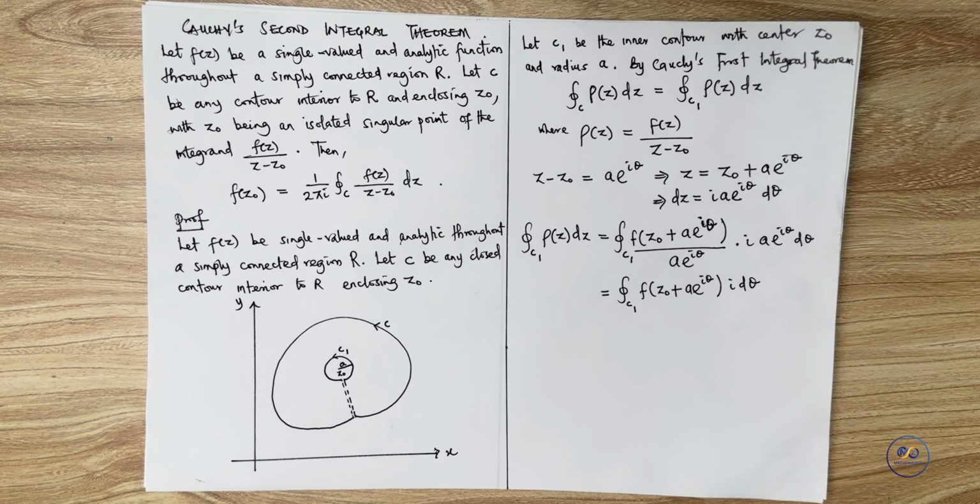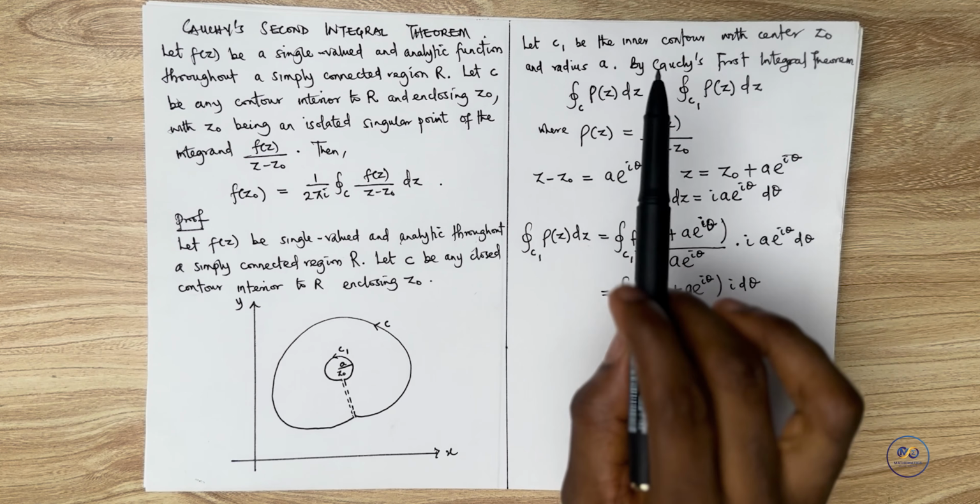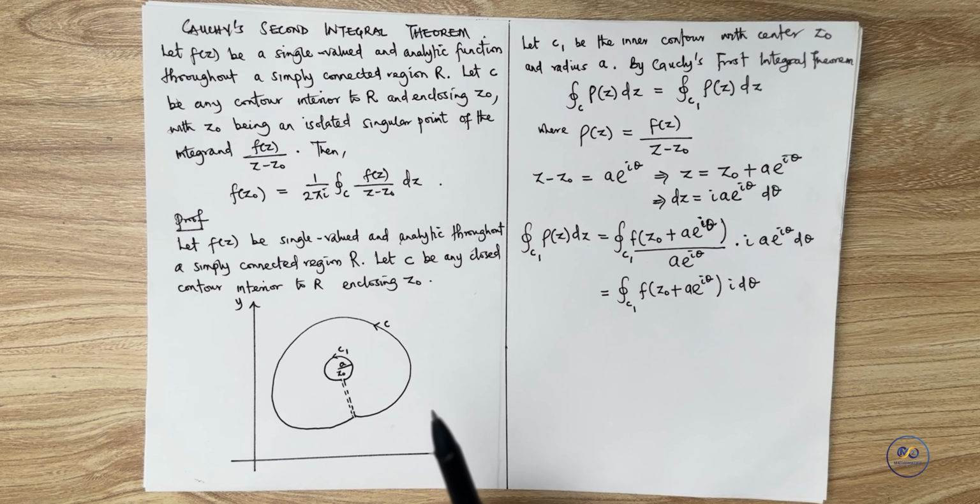So we have been able to casually move away from a variable of z, which would have taken us to x and y, out and into a variable of theta, right? A and theta. Now, if we have this representation, what exactly do we know? Remember that we have said that this radius a is going to be very, very small.